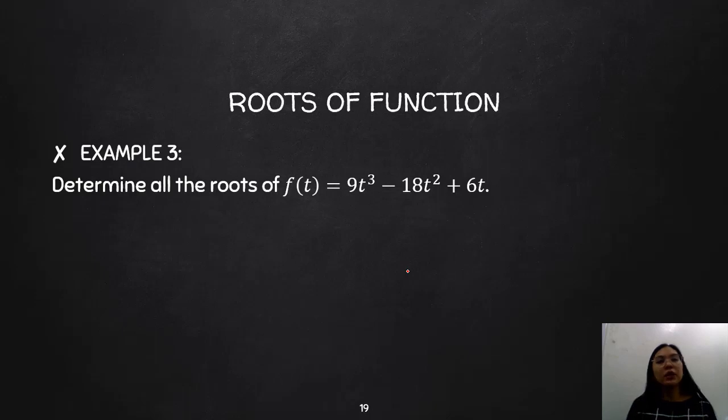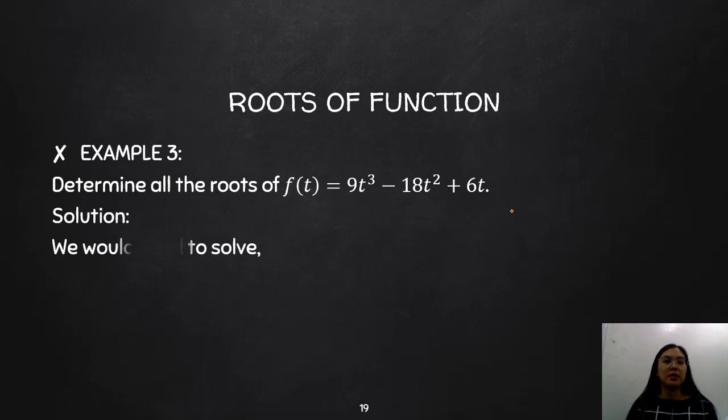So, kunyari you want to determine the roots of this particular function, f of t, equal to 90 cubed minus 18t squared plus 6t. So, we would need to solve this, di ba? Sabi ko, equate mo lang siya sa 0 such that 90 cubed minus 18t squared plus 6t is equal to 0. And then, hahanapin mo lang yung roots.